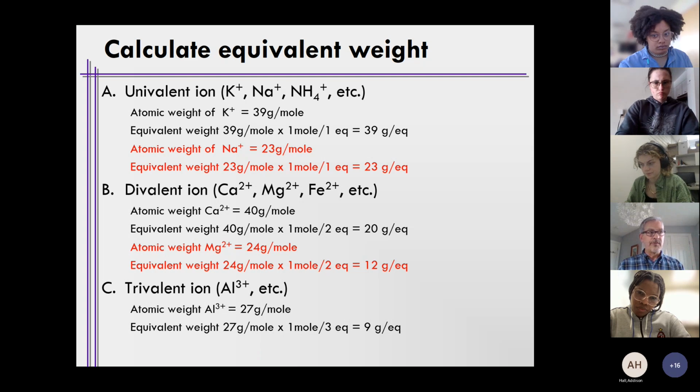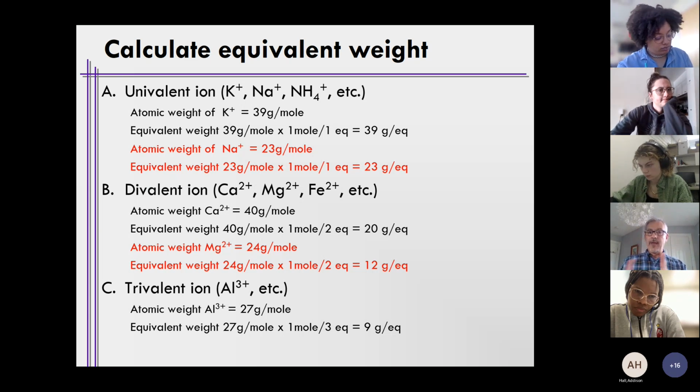That's because, for example, potassium is going to satisfy one negative charge on a cation exchange site. So you would measure one potassium, and you would know that that would be associated with one negative site. But if you measured one calcium ion and you said, oh, that equals one negative site, you would be wrong.